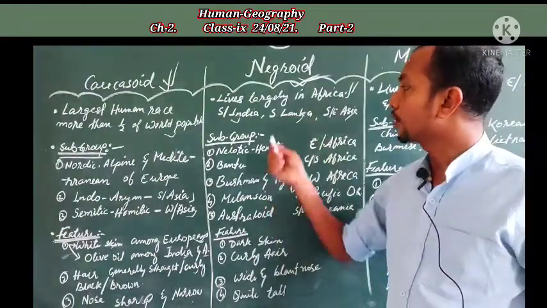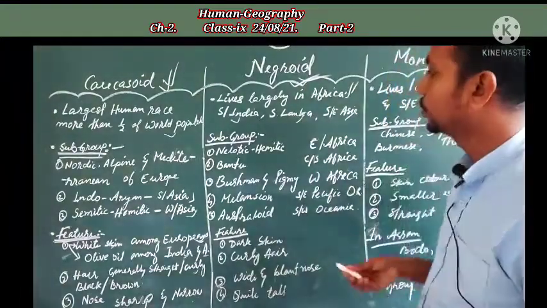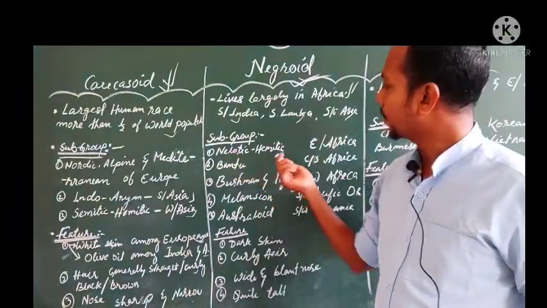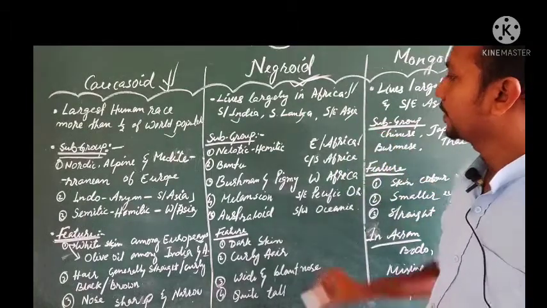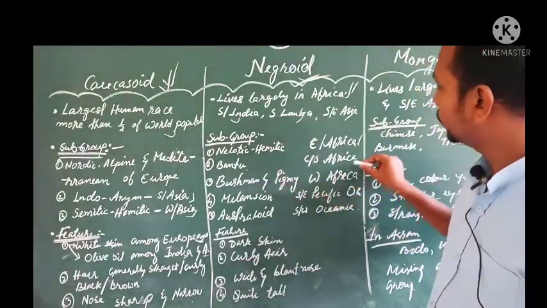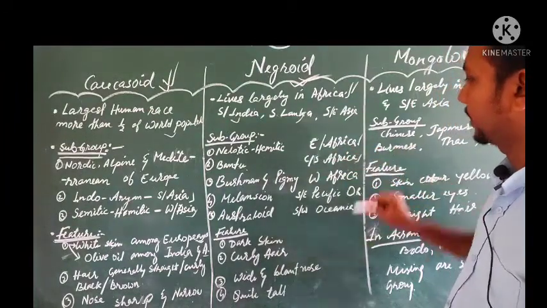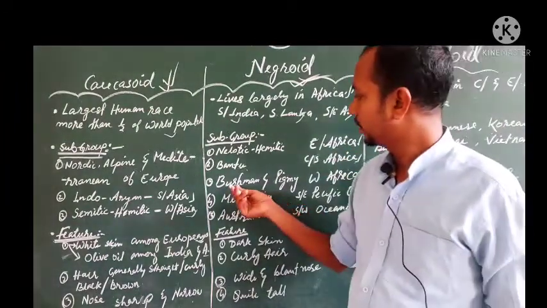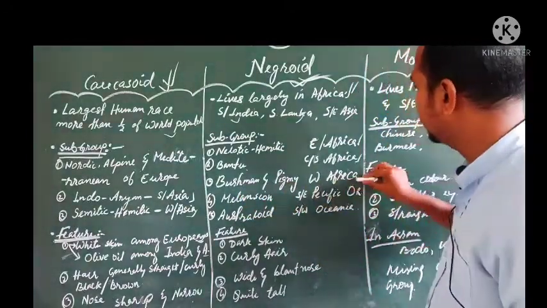Now, subgroups of this Negroid also, there are many small groups coming up, and those groups are Nilotic Hamitic in East Africa, Bantu in Central and South Africa, then Bushman and Pygmy in West Africa.